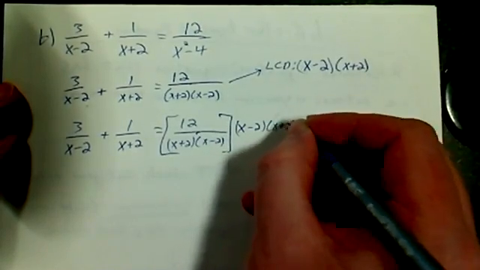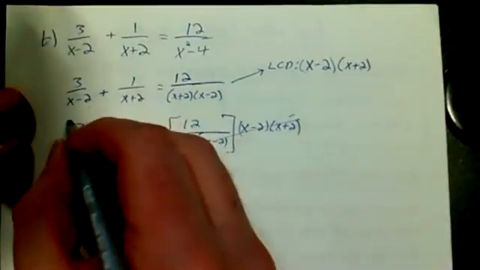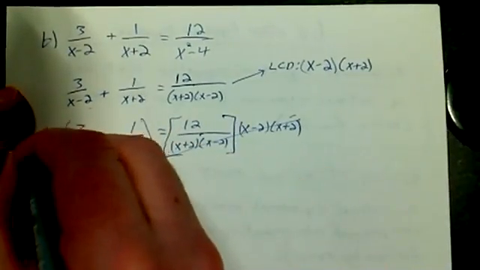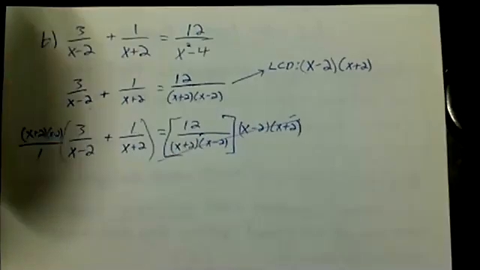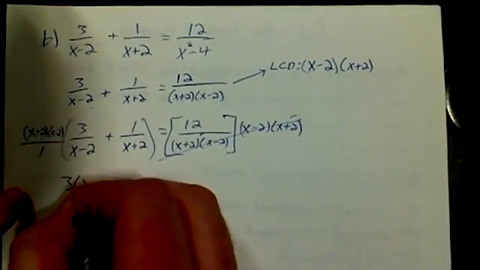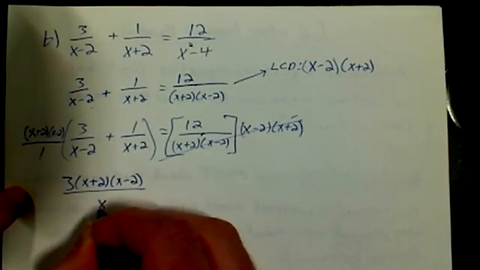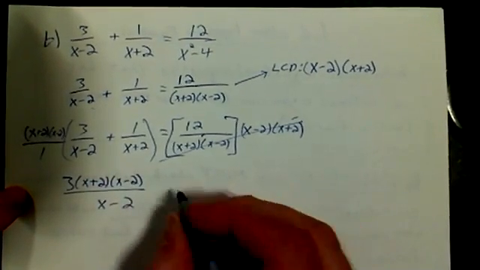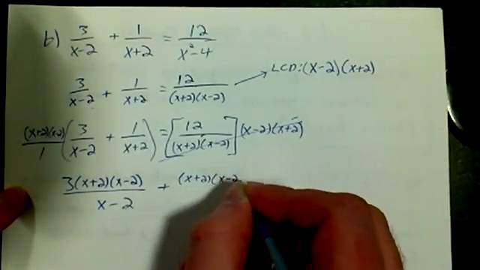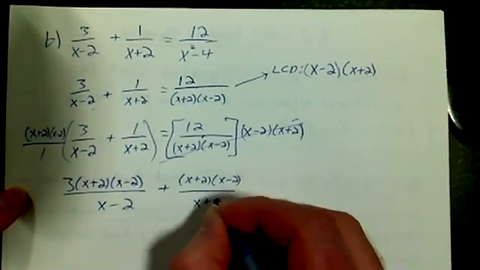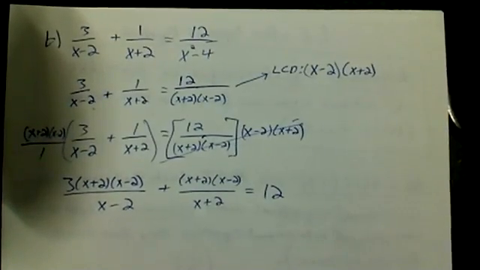And notice what's happening on the right-hand side. Canceling. On the left-hand side, x plus 2, x minus 2. Remember, it is technically over 1. I have 3 times x plus 2 times x minus 2 over x minus 2 plus x plus 2 times x minus 2 over x plus 2 is equal to 12.